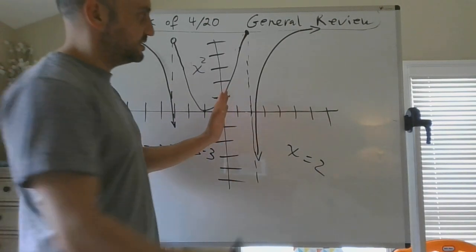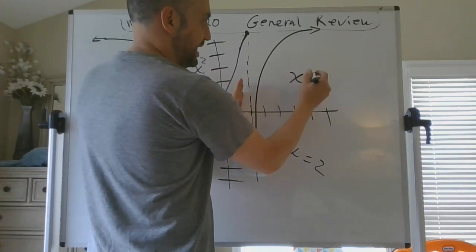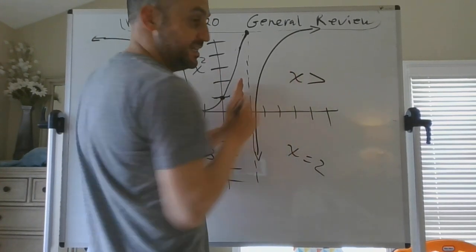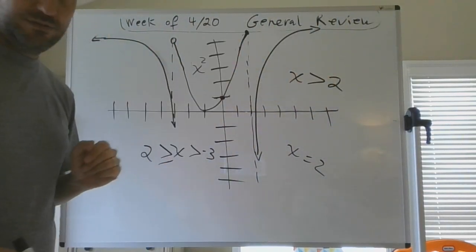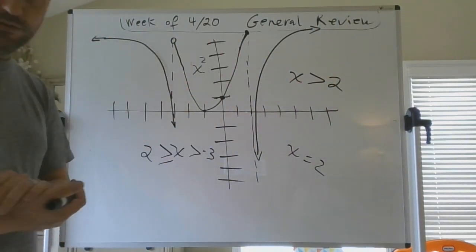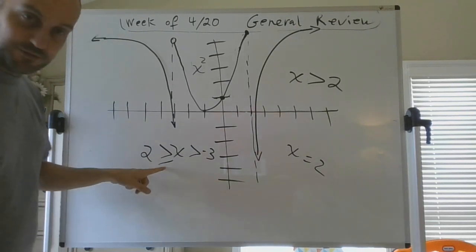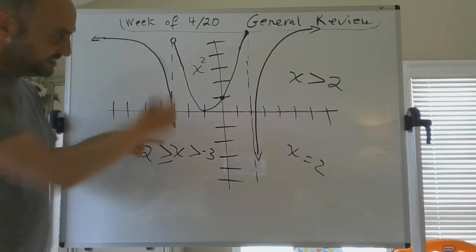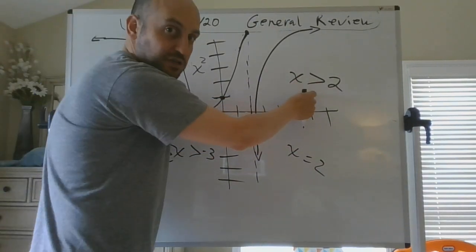The restriction on this is just going to be one simple restriction, which is x is greater than 2, because everything is to the right of 2. Okay, x must be greater than 2. And we actually know that because of this restriction right here. Since the parabola reaches 2 and includes 2, this one is not going to include 2.